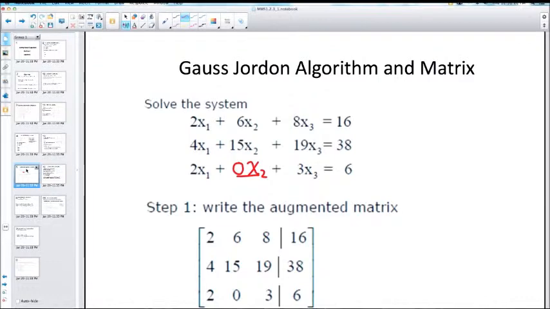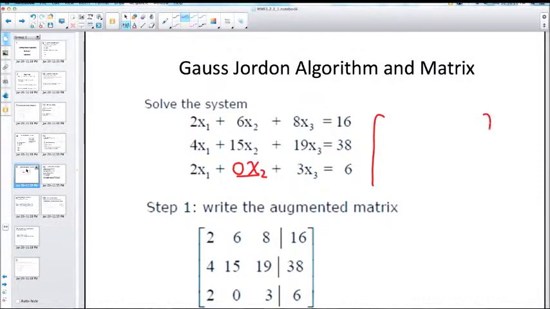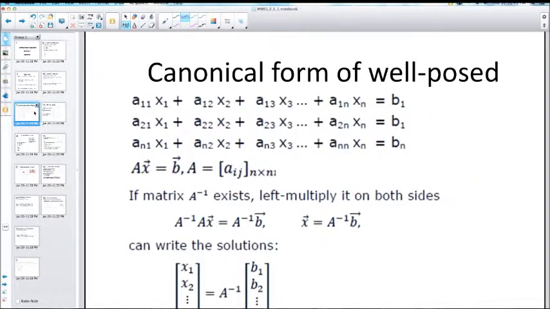So when you write it this way, you can immediately translate it into the coefficient matrix, which is the table of the coefficients, like 2, 6, 8, 4, 15, 19, 2, 0, 3. And we have done a similar exercise before. So the standard form is just the form to translate into a matrix.